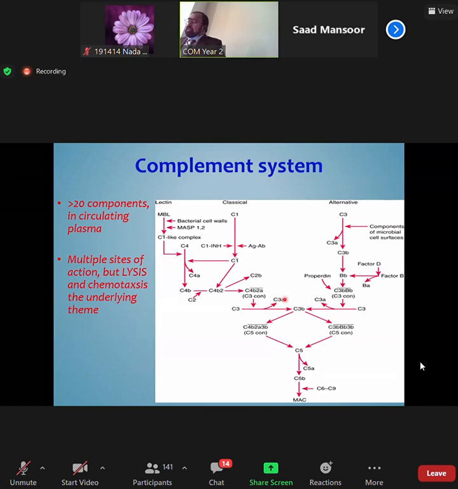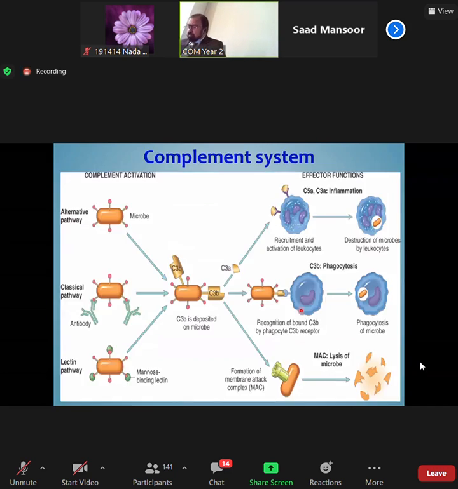Now this C3a and C5a, as I said, are strong vasodilators, anaphylatoxins. C3b, if you go to the next slide, sometimes goes out and will not go down. So it goes out and attaches with the microorganism and acts as an opsonin.